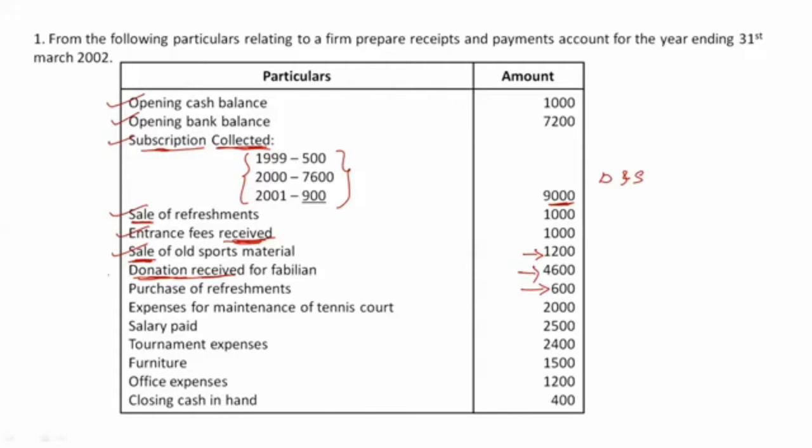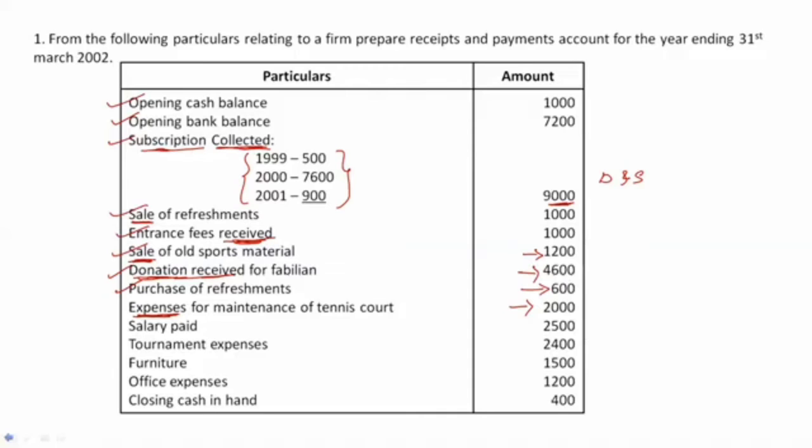We have expenses for maintenance of tennis court, rupees 2000. Now what is maintenance? Maintenance, we all know, is keeping a place neat and tidy. For that we have to incur certain expenses. We have to keep cleaning that place. Expenses mean I have to make certain payment.